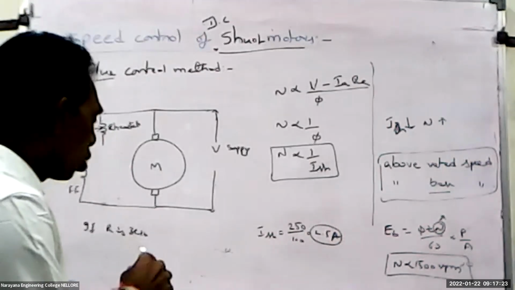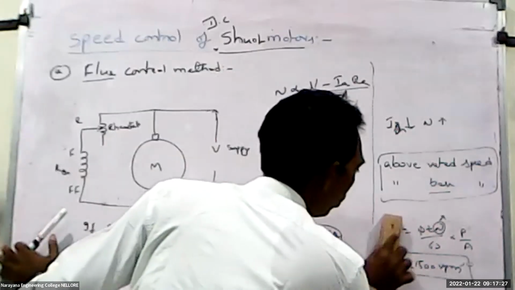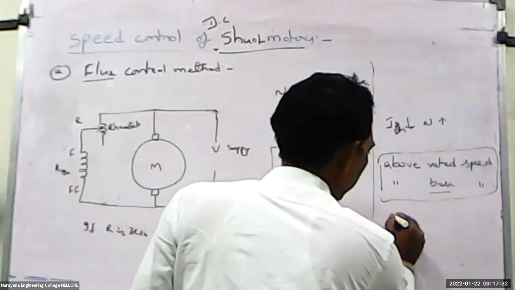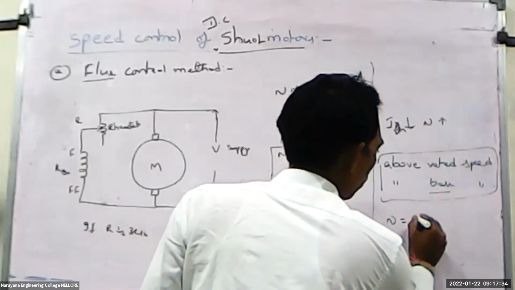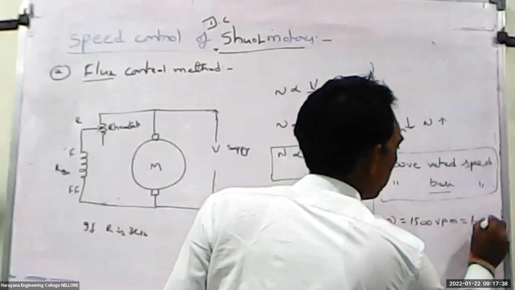So this is called the flux control method, and generally N equal to 1500 RPM is considered as the base speed.